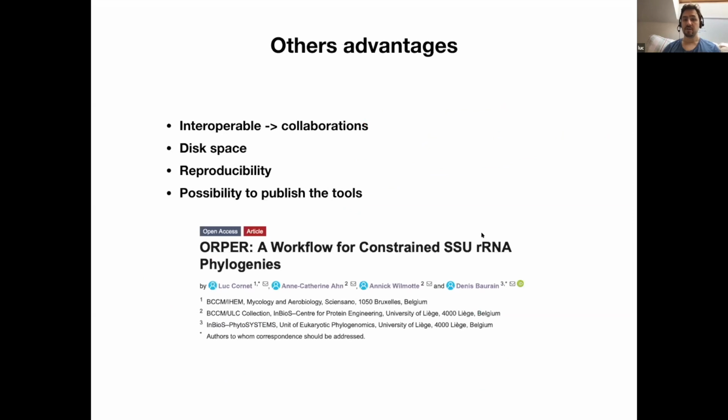The other advantage is that it's completely interoperable. Of course, as it is coupled Singularity NextFlow, we can just send that to other collaborators, and even if they have no experience with this technology, you can easily redo that.